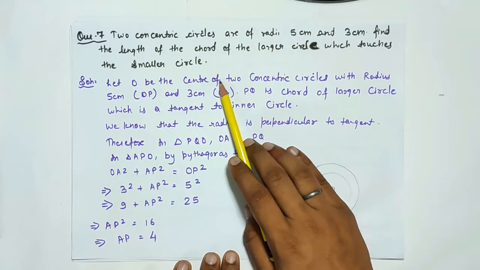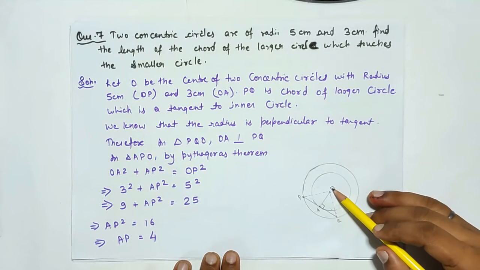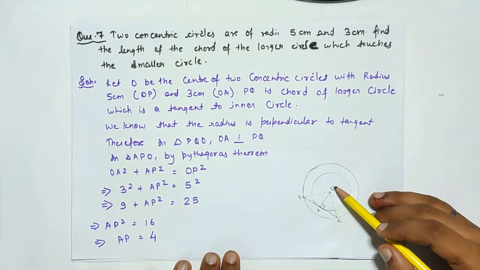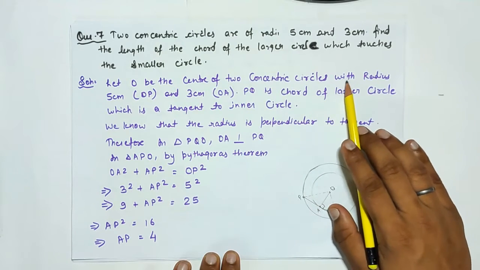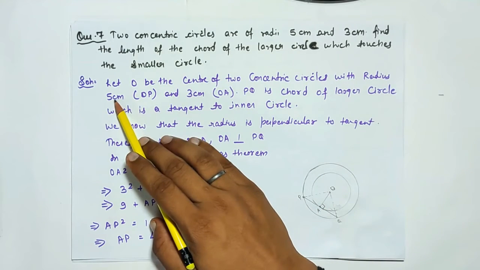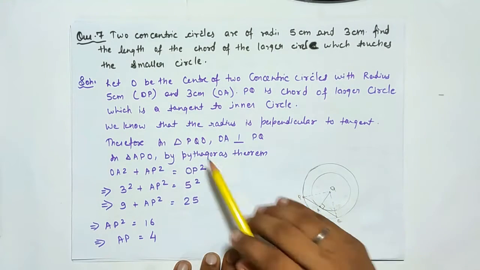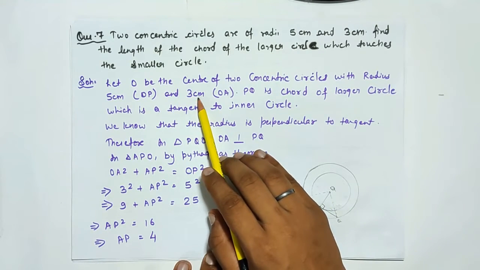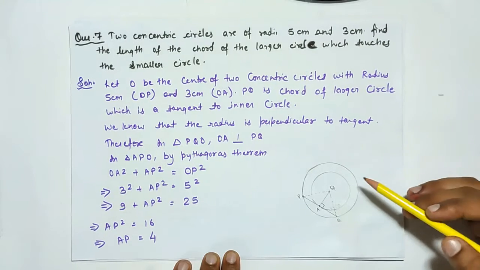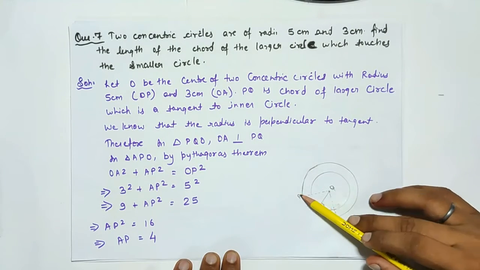Let O be the center of two concentric circles. So this is the center of two concentric circles with radius 5 centimeter, this is OP, and 3 centimeter, OA. OA is 3 centimeter, this is 5 centimeter.